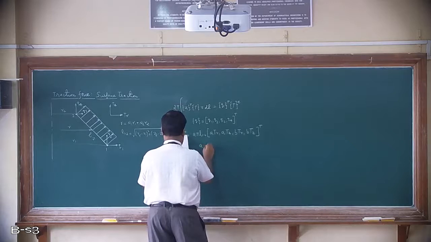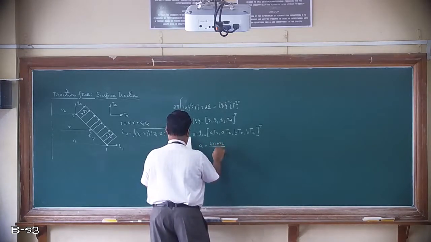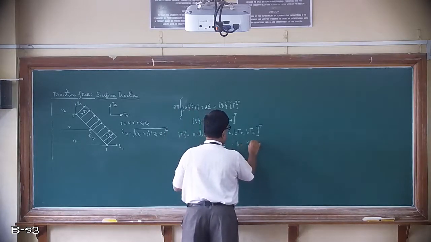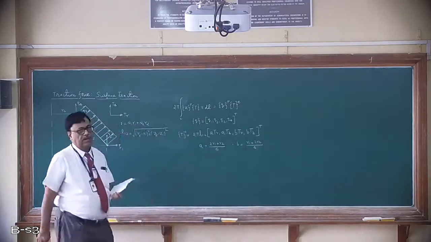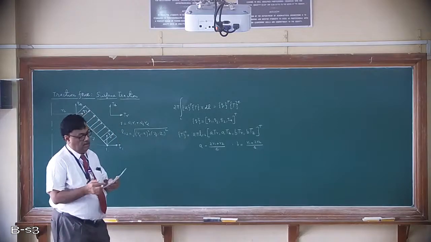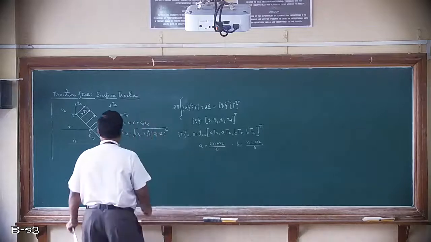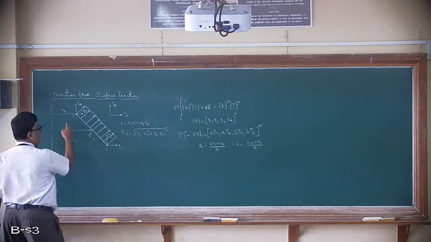A is given by 2R1 plus R2 upon 6. B will be R1 plus 2R2 upon 6. So if you know the values of R1 and R2 and the coordinates, you can easily find out these things. Of course, here since the edge is slant, R1 and R2 are different.